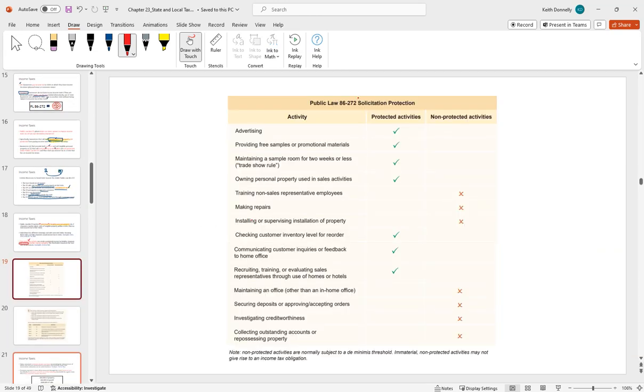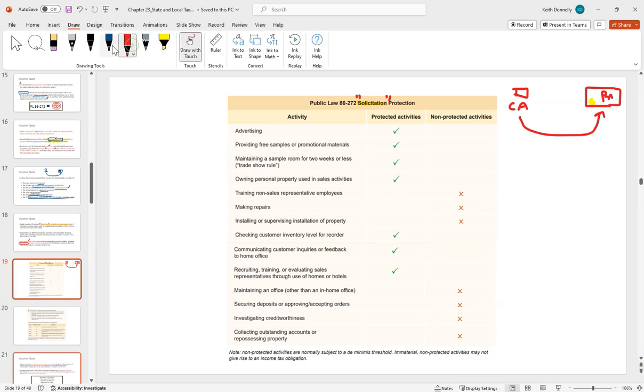But what gives rise to protected solicitation? In other words, if we are in California, we have that business, and all they're doing is sending tangible personal property into Pennsylvania, if they solicit in Pennsylvania, these activities are protected.